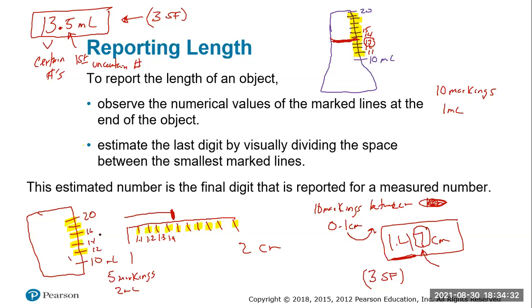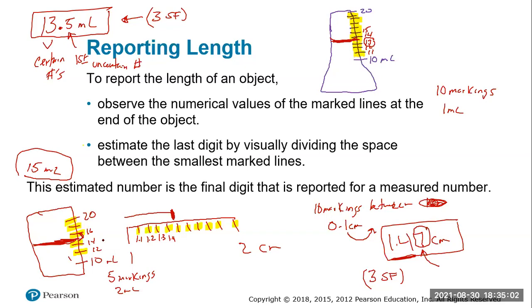So for example, if our liquid level fell here, that's between 14 and 16, which means the best we could do in that particular scale would be 15 milliliters, right? There's not enough room in this spot here to figure out where 14 stops and 15 starts, right?